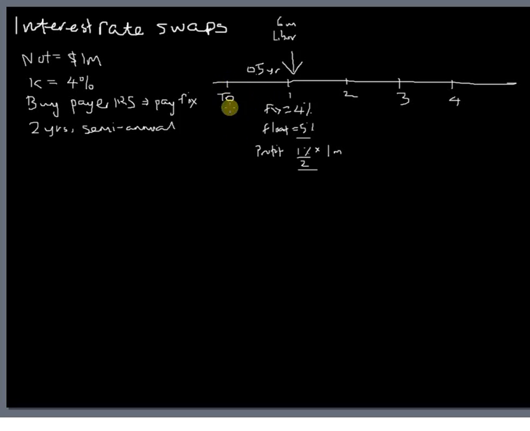If you look at this leg, at t equals 1 we need to observe the floating rate, and then the settlement is at t equals 2. So in a way, this is the same as how a 6 months by 12 months FRA works.